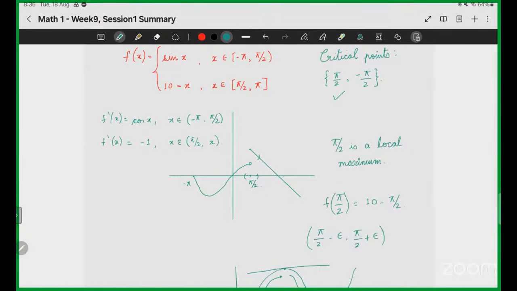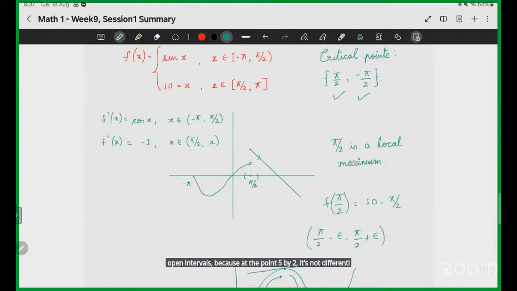Yes, sir. Now, in this interval, where does cos x vanish? At what point does cos x vanish? Minus pi by 2. At pi by 2. So at minus pi by 2, it vanishes. Pi by 2 is not in consideration. Both times I've taken open intervals because at the point pi by 2, it's not differentiable.